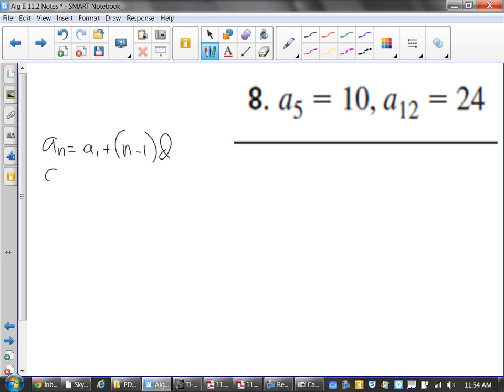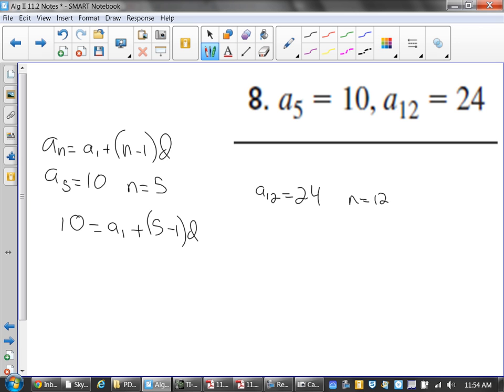So the fifth term is 10, so your n value is 5. Same thing on the other side, your 12th term is 24, so your n value is 12. Substituting, hopefully you guys got what? 10 is your first term, plus 5 minus 1 times your d value.